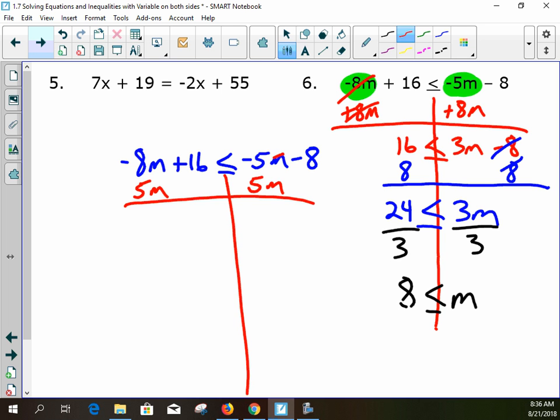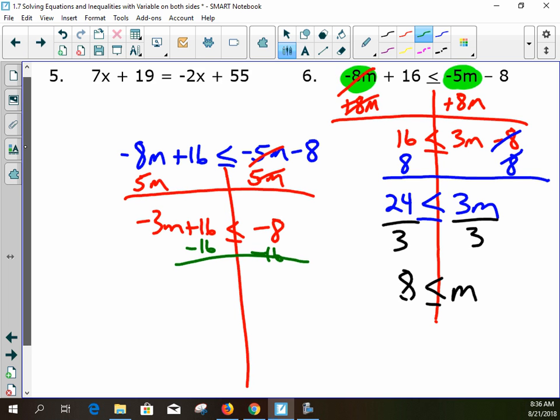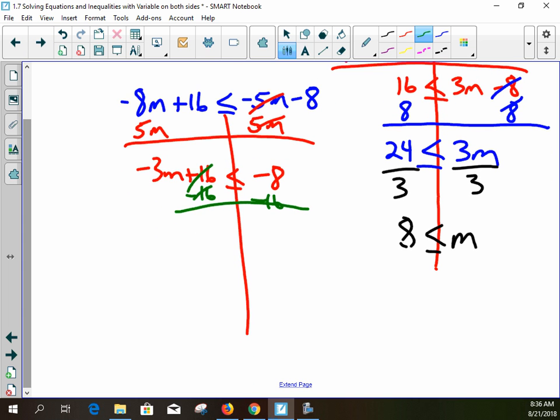That's okay. You can do this. I get negative 3m plus 16 is less than or equal to negative 8. So now I have to move my 16. This cancels out. Negative 3m is less than or equal to negative 24, right?